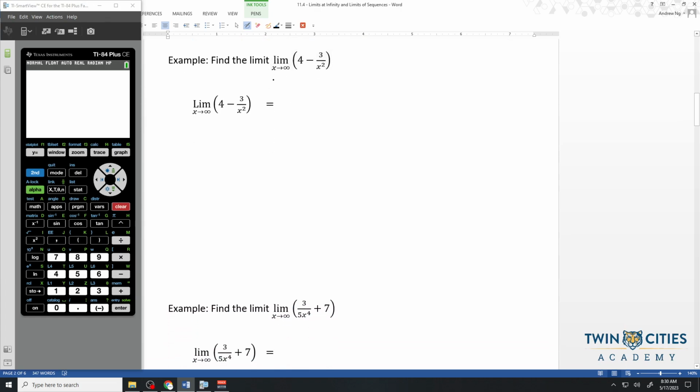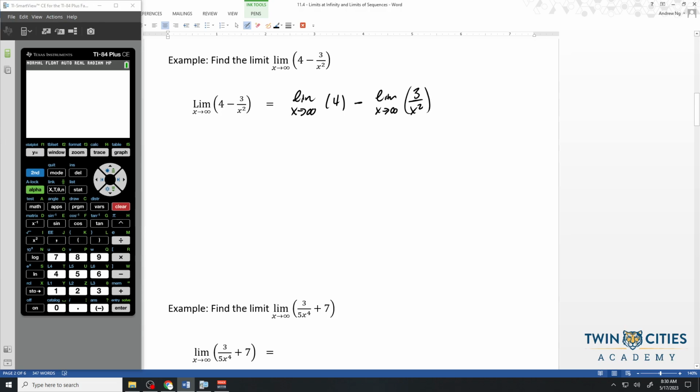Find the limit as x approaches infinity of 4 minus 3 over x to the power of 2. Well, from earlier, I've learned that I can break this up into two separate limits. I could say this is the limit as x approaches infinity of 4, minus the limit as x approaches infinity of 3 over x squared.